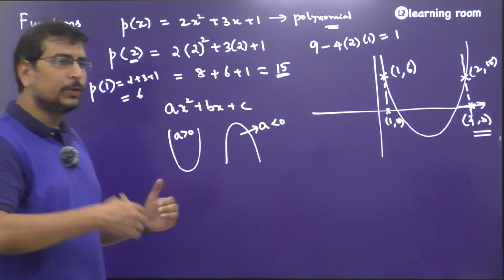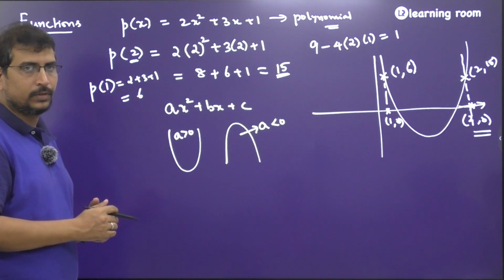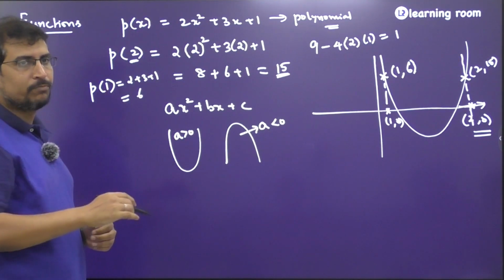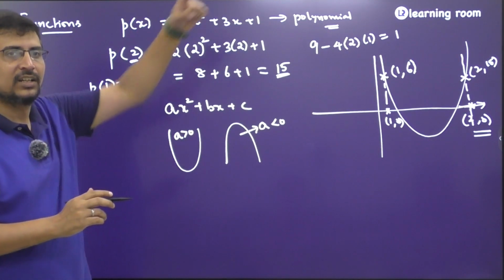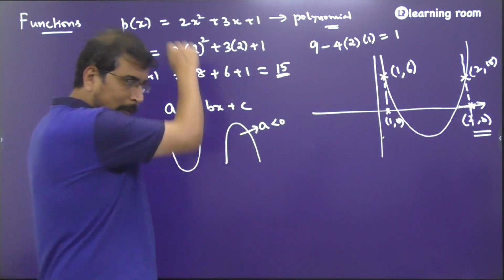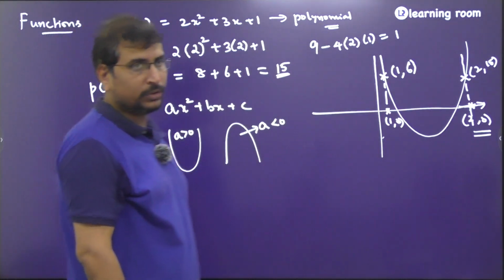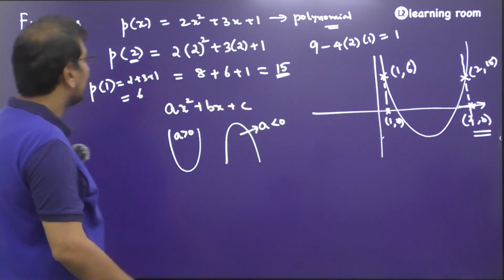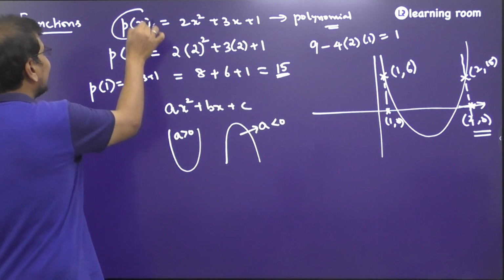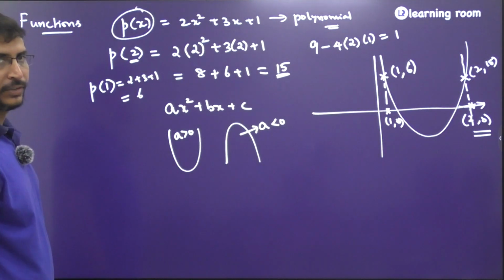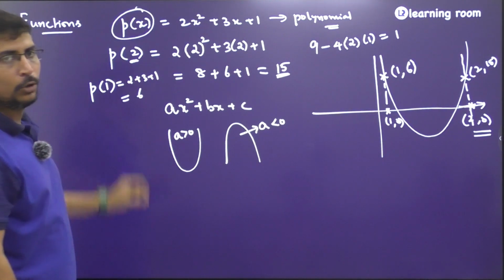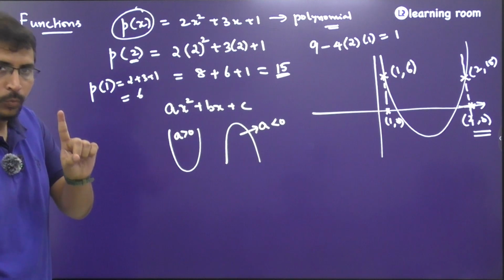Right. Similarly, when you have a cubic polynomial, then for that shape, you substitute the value of x, and you will get the corresponding value of y. Now, what do I have to do with this in terms of function is what the question is. So, you learned this p of x, right? How do you pronounce it? You call it p of x. This is a polynomial of variable x, a polynomial of one variable.